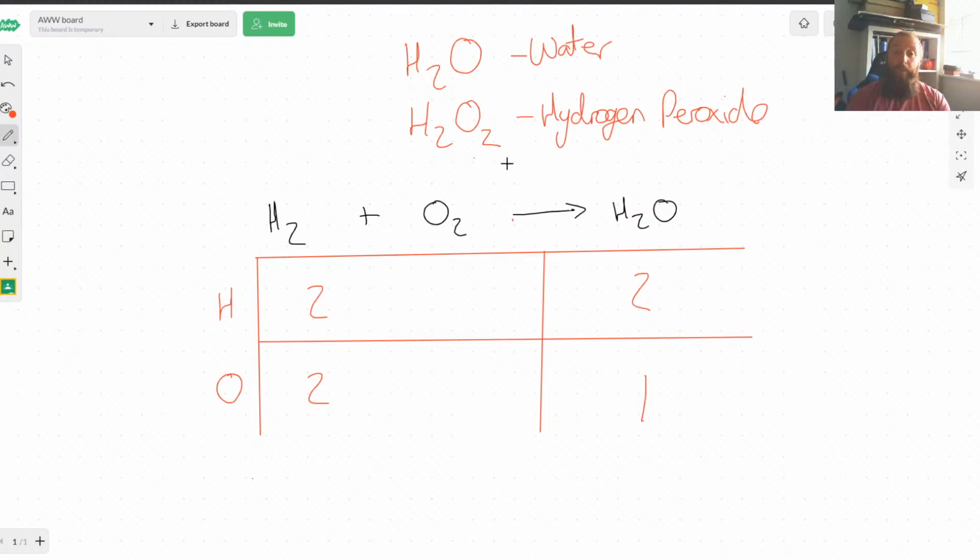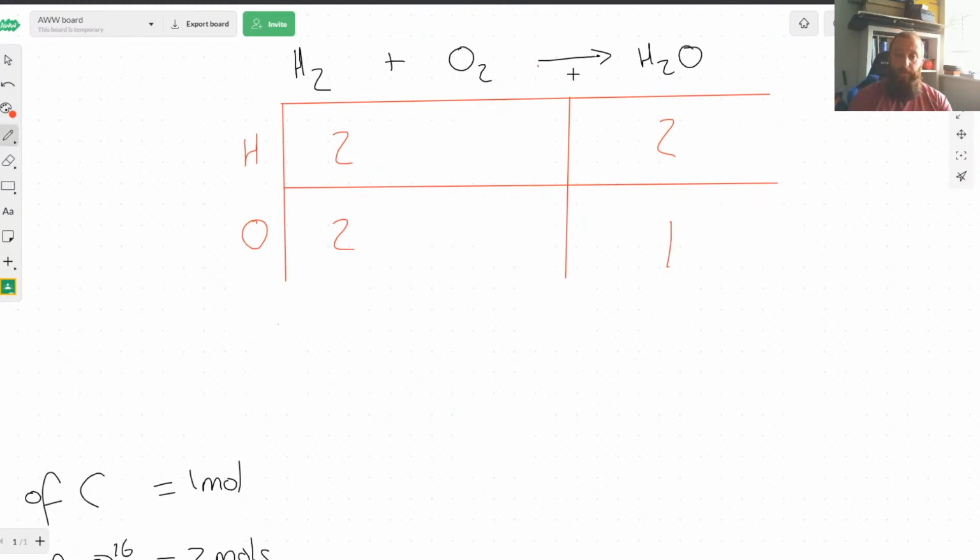So we cannot put a number inside the molecule. That's a big no-no. The only place we can put numbers is in front of the molecule. And when we do that, we multiply the whole molecule by that number. So what I'm going to do is I need another oxygen on this side. So I'm going to put a 2 here. So I've now multiplied my whole water molecule by 2.